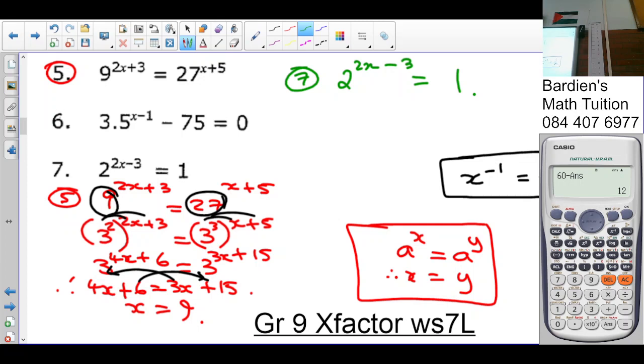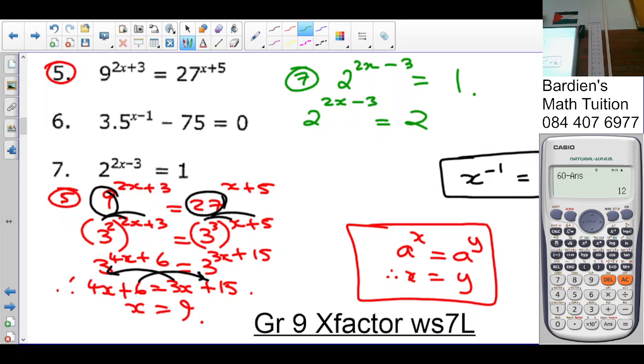When bases are the same, exponents are equal. We want the bases the same for the exponents to be equal. 2 to what exponent is 1? 2 to the 1 is 2. 2 to the 2 is 4.